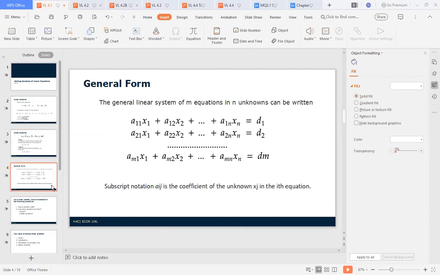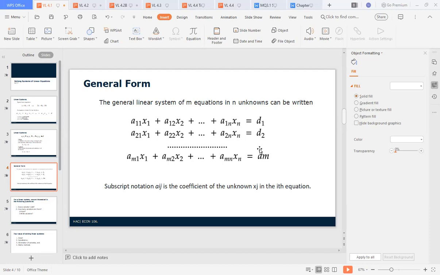But in a more general form, class, if we are dealing with simultaneous equations, it more or less consists of m equations and n unknowns. In an example before, in the general equilibrium analysis, the two commodity model, how many equations were there, excluding the equilibrium conditions?